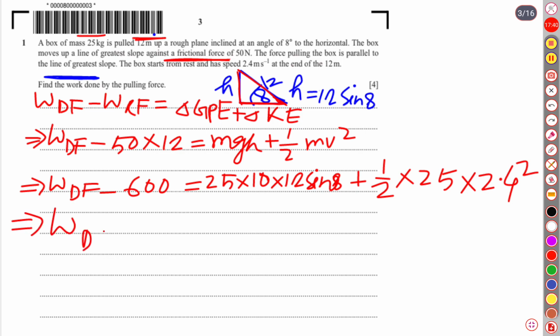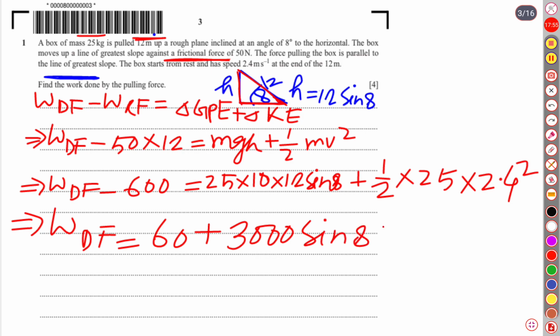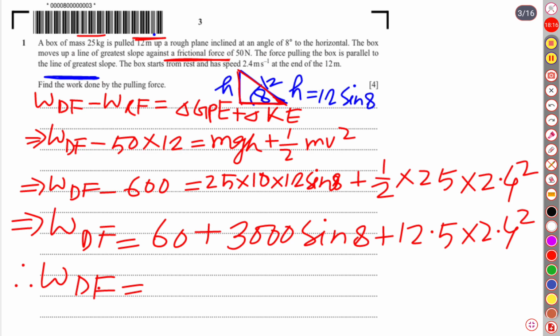The work done by the driving force is equal to 600 plus 250 into 12, that is 3000 sine 8, plus 12.5 into 2.4 squared.